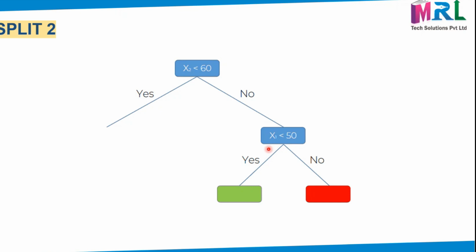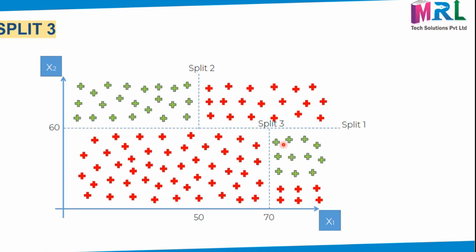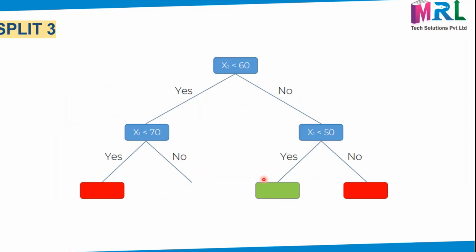Okay. And you can see the other side. So let's see where any more split is there. Where the split comes is x2 less than 60 and x1 greater than 70 or less than 70.